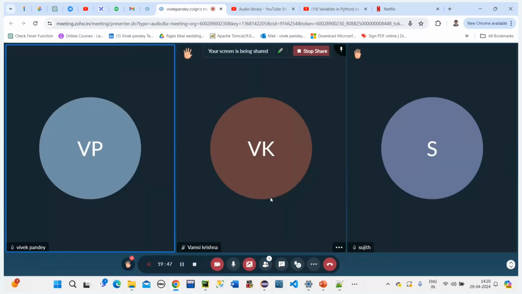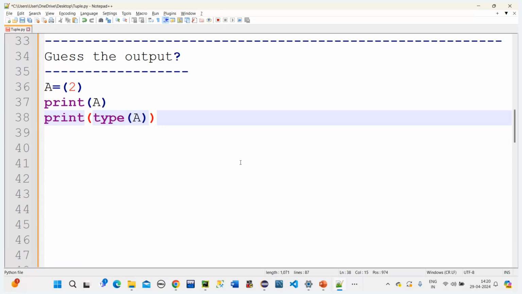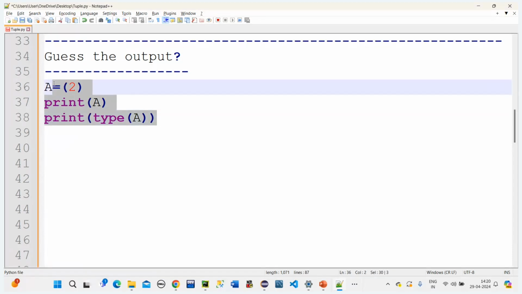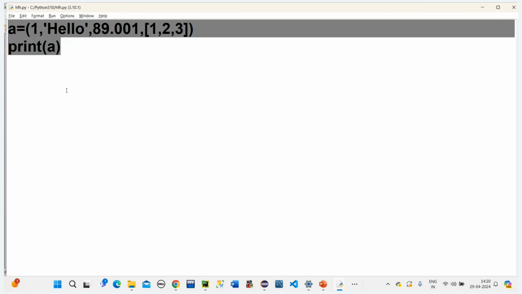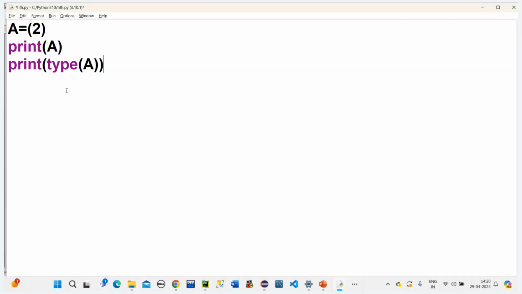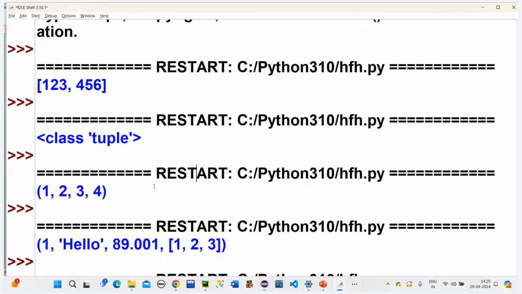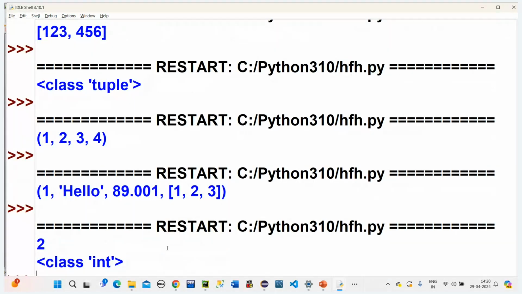Okay, Venkatesh is saying int. Yeah, smart Venkatesh. So see here, if I'm just copying this and then pasting it here, now let's see the magic. What did I get? Is it tuple or int? Int. Yeah, why is it int?